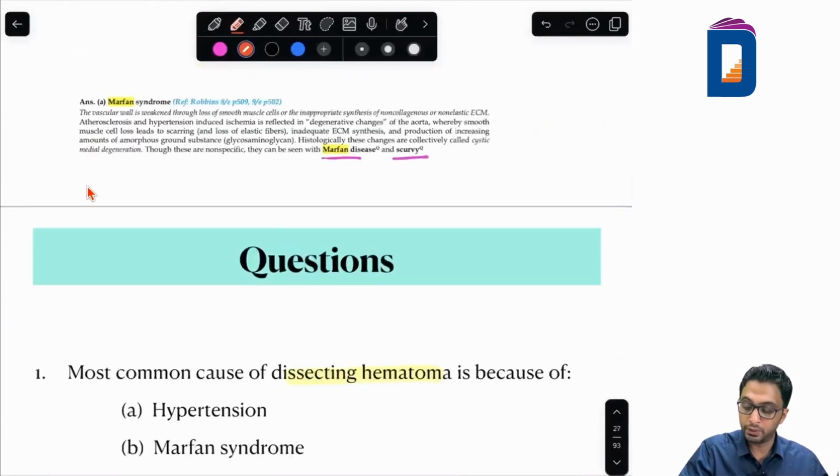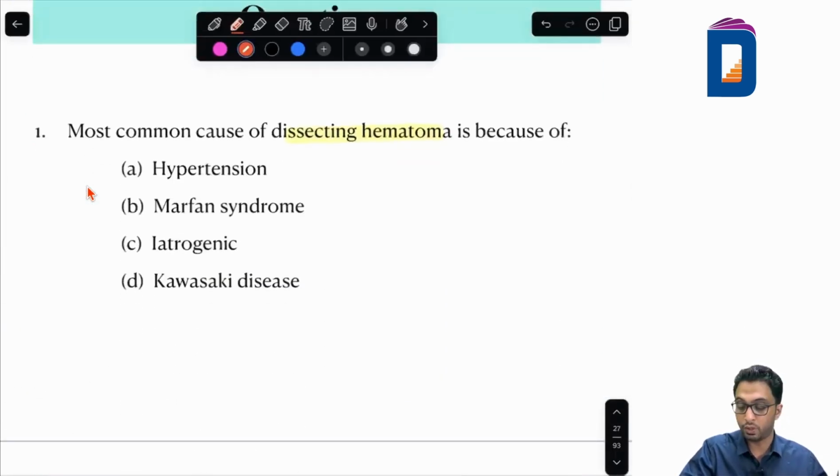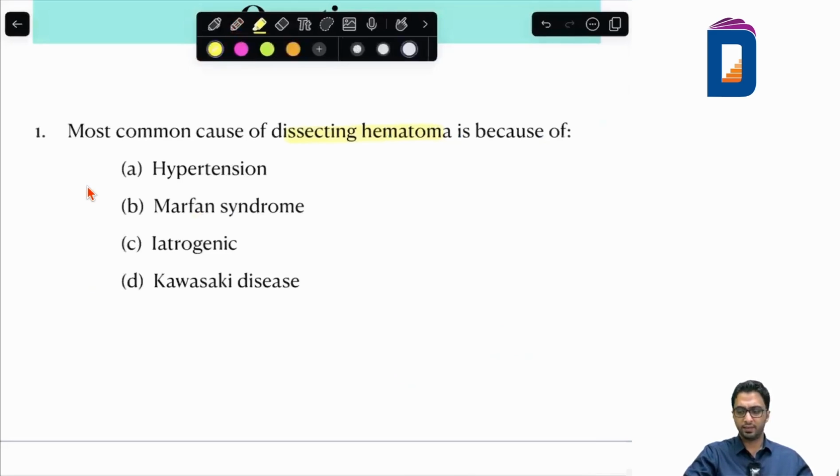So the most common cause of dissecting hematoma, what is the answer? Quickly. I know all of you will answer B, but the answer is A. The most common cause is hypertension.